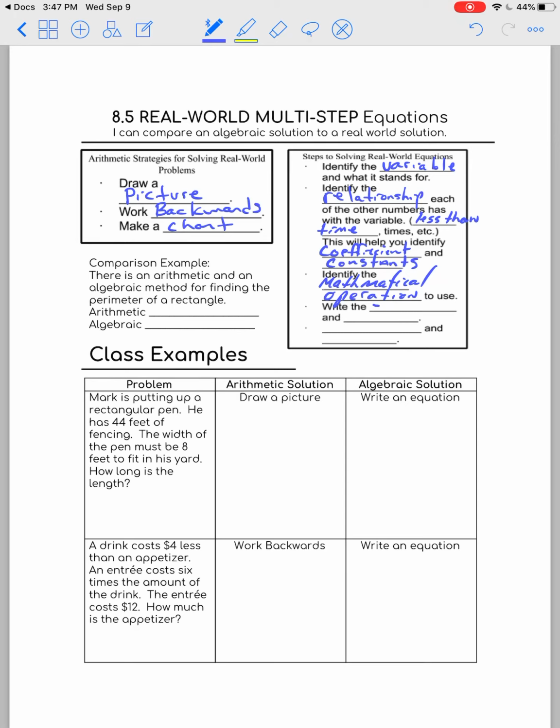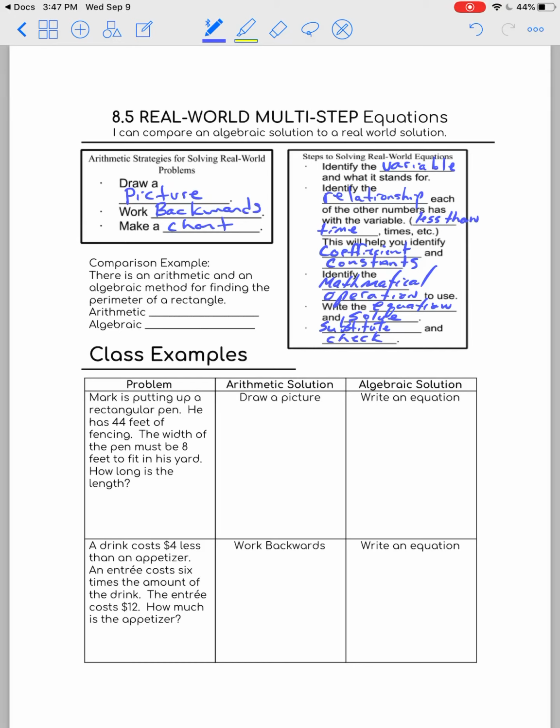And then write the equation and solve. Lastly, once you've solved it, try to substitute the answer back in and check to make sure it works. If it works, it's a good answer. If it doesn't work, not so much.